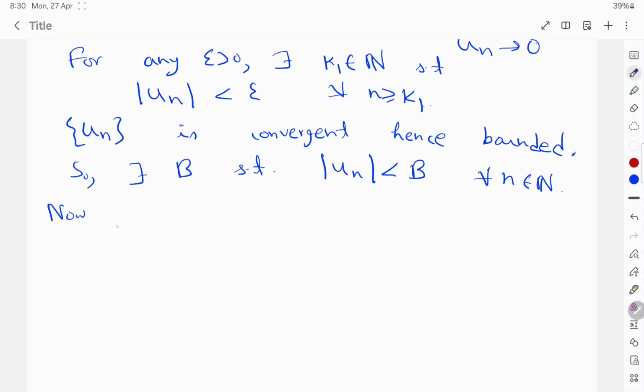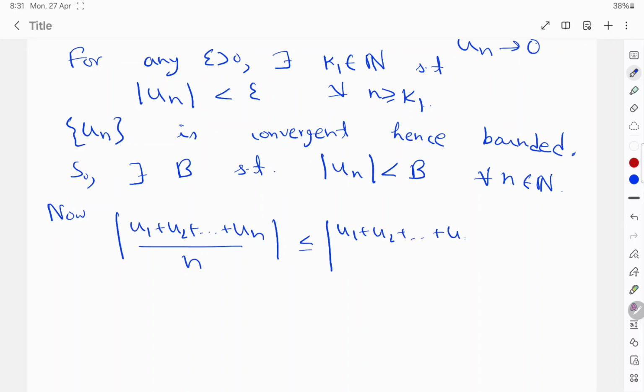Okay, now what you have, u1 plus u2 plus dot dot dot un by n less or equal to, so this thing you can break in this way, that u1 plus u2 plus dot dot dot u k1 minus 1. So you are breaking that k1 will be inside some function. After that, k1 onwards writing other side.